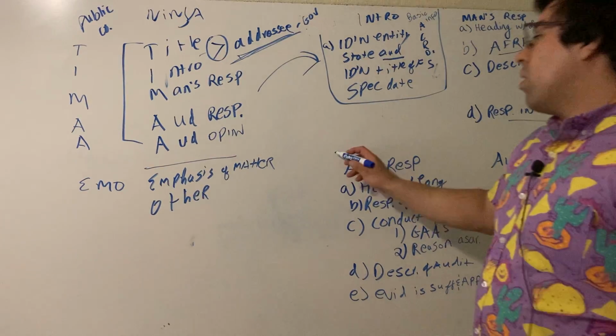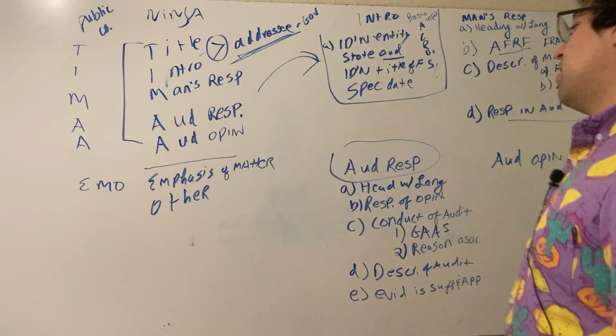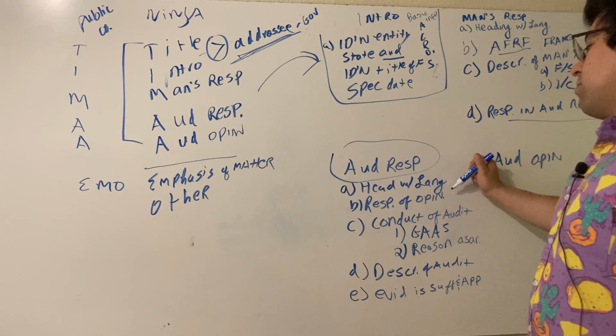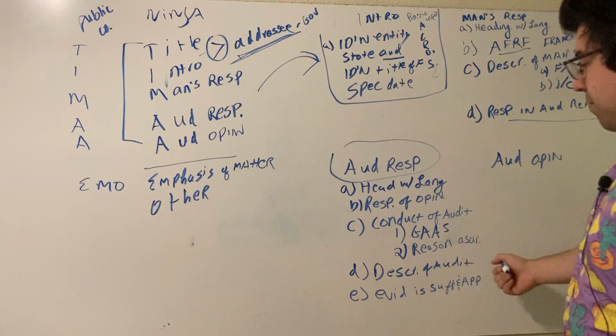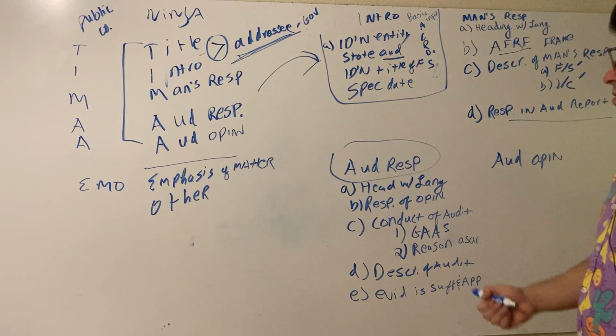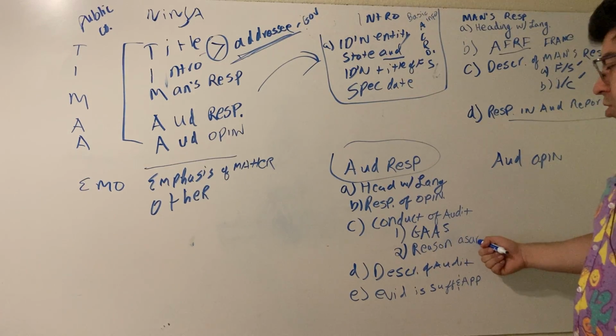Then we get to our responsibility. That's us. We're responsible for the opinion. We're responsible for the conduct of the audit, GAAS. Reasonable assurance.